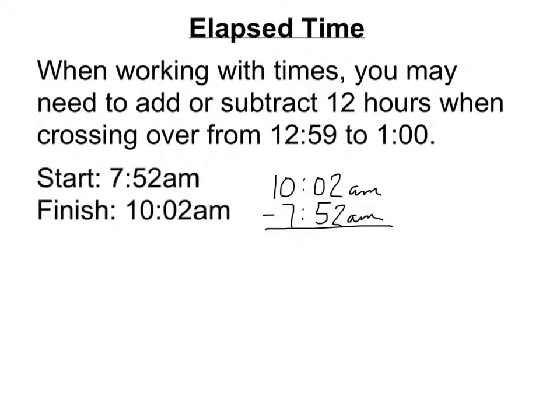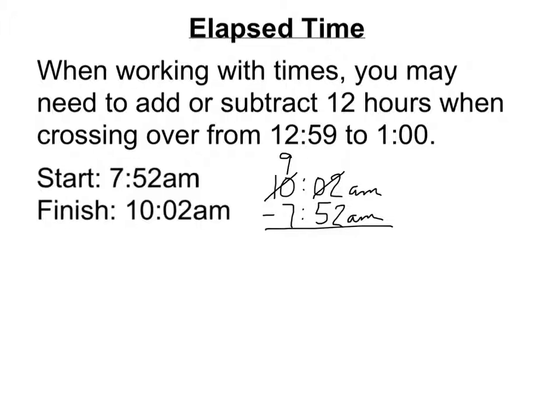So if we look here, there's 2 minutes here and 10 hours there, 52 minutes there, and 7 hours here. We cannot subtract 2 minus 52. So we need more minutes, so we're going to borrow. So I borrow 1 hour from the 10 hours, making it a 9. And so my 2 minutes are going to get a whole extra hour.